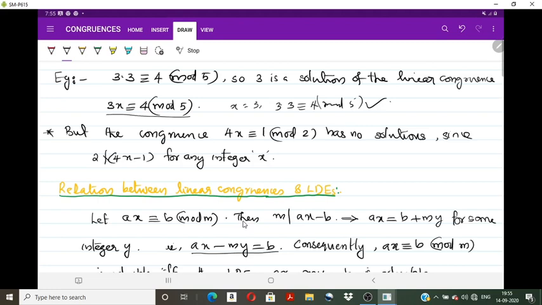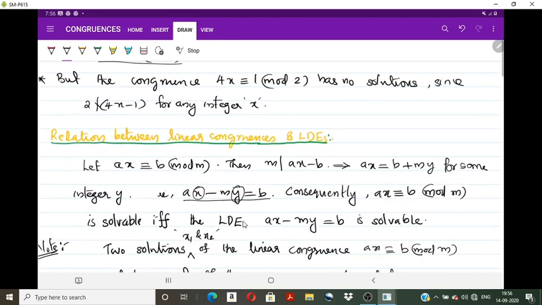So if the congruence is solvable, then integer values for x and also for y should exist. That means the linear Diophantine equation is solvable, or vice versa. If the linear equation Ax minus My equal to B is solvable, there are values for x and y, and hence Ax is congruent to B modulo M has a solution.